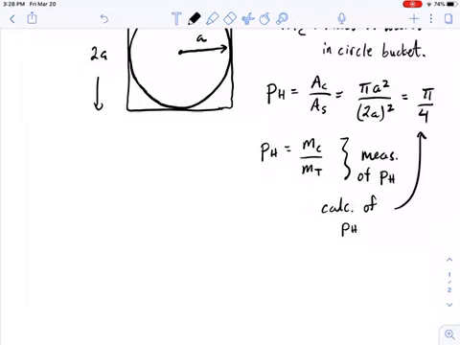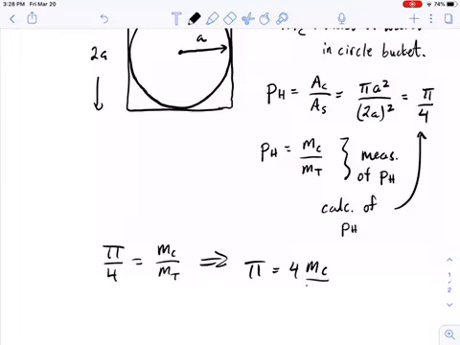And we could say, well, it must be the case that pi over 4, our calculated probability, should approach the measured probability in the limit of collecting a lot of droplets. And so then what we could do is use these measured masses to calculate the value of pi.